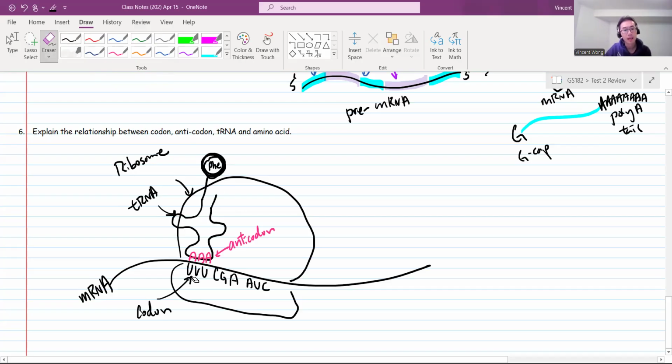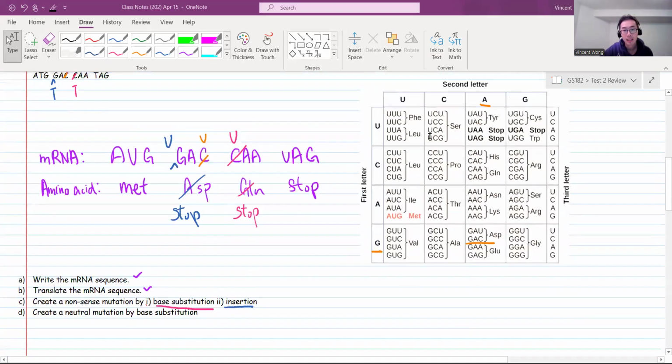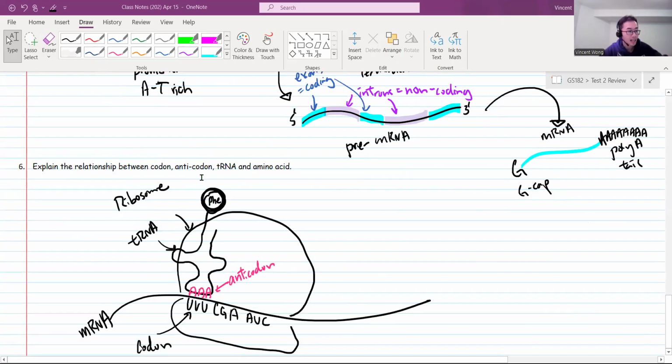If the anti-codon and the codon match up, complementary, then it will stay and leave behind the amino acid. Remember, do not look up the anti-codon on this table. This table is only for codons. If I give you an anti-codon and ask what amino acid it corresponds to, you have to change the anti-codon to the codon first.